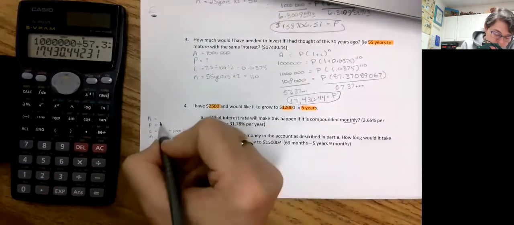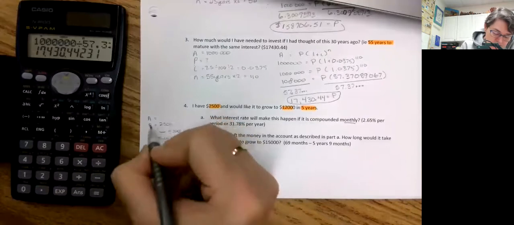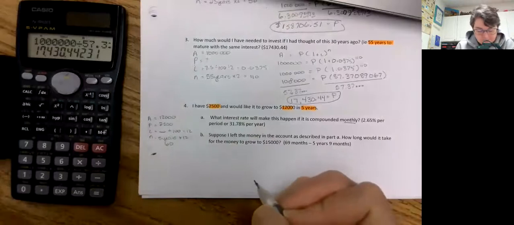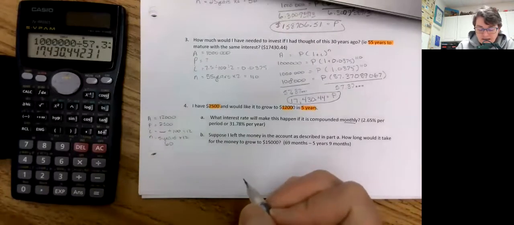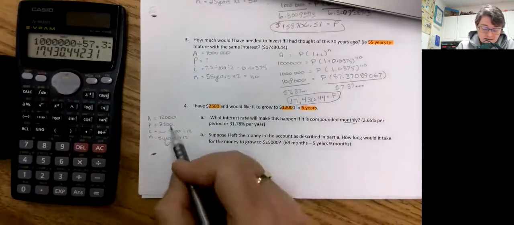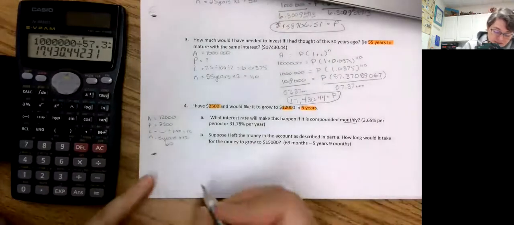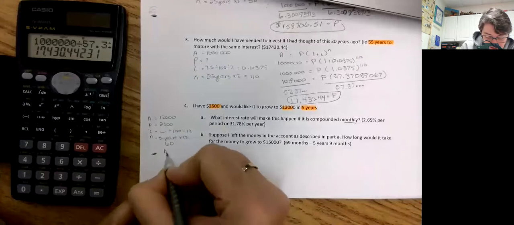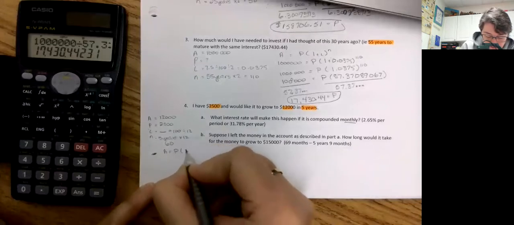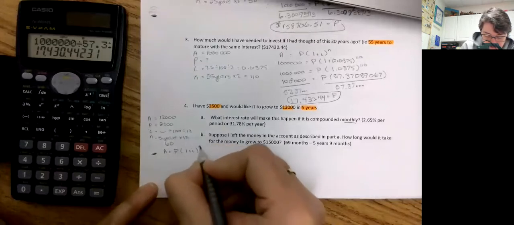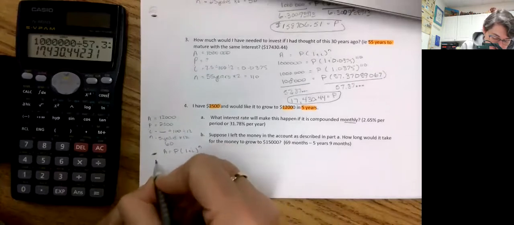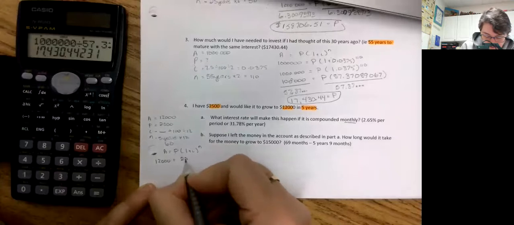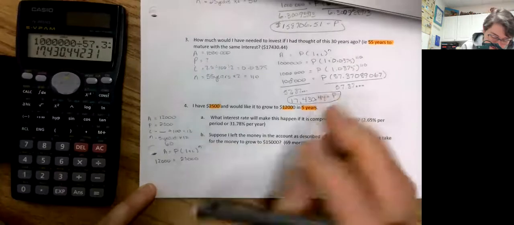And I'm starting out with 2,500 and going to 12,000. That seems like I'm going to need a pretty high interest rate because that's a big change there. A is equal to P(1 plus i)^n. So 12,000 is equal to 2,500. Oopsies, not 25,000.